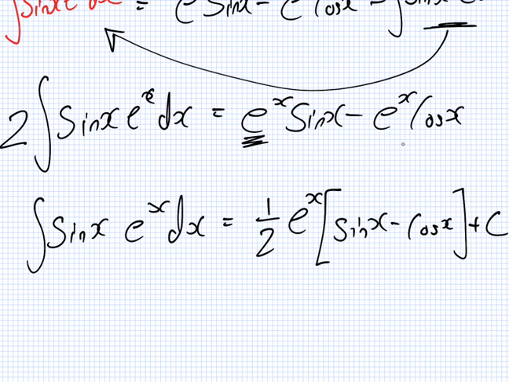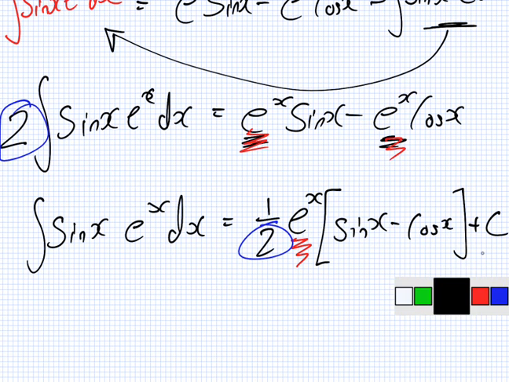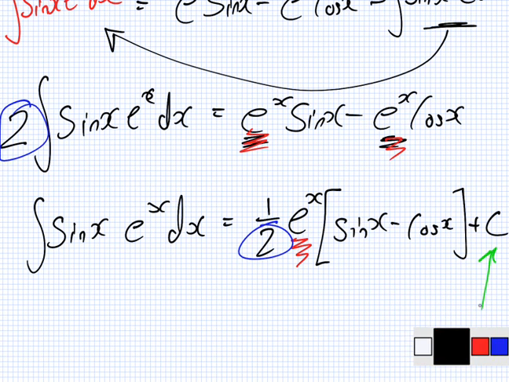So all I did at the end was I took the e^x out in front. See there, it is there. And also I divided by the 2. And not to forget my plus c as well.